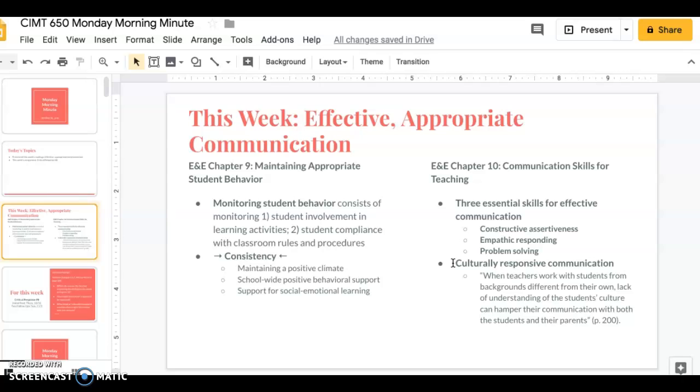But that's my gripe, and that aside, I'm glad that it's mentioned at all. So please pay special attention when you come to this section at the very end of the chapter. The authors write here with regard to culturally responsive communication: when teachers work with students from backgrounds different from their own, lack of understanding of the student's culture can hamper their communication with both the students and their parents.